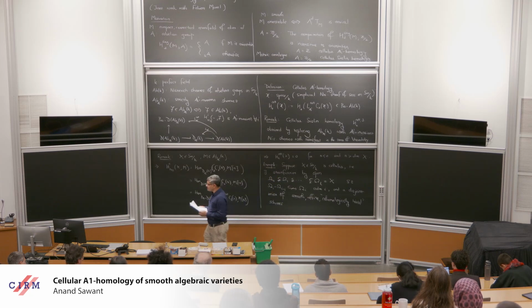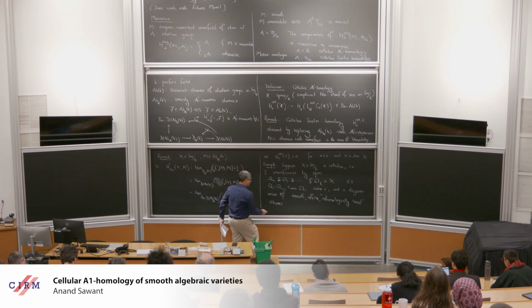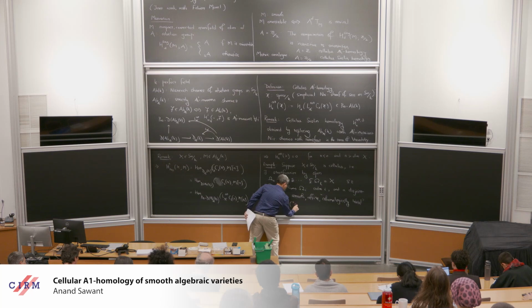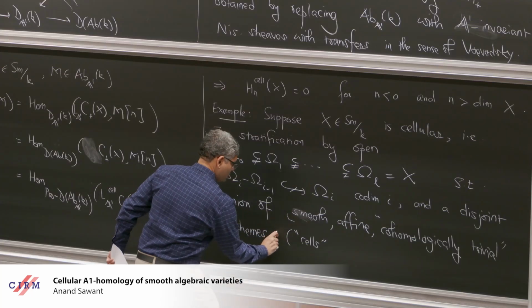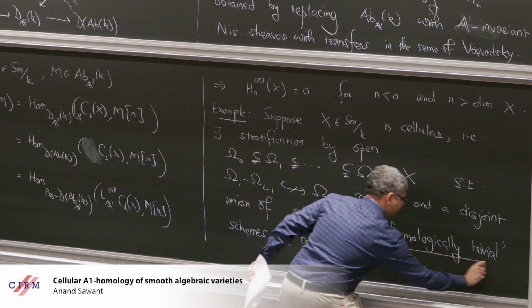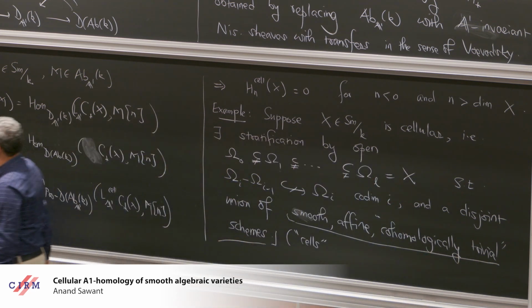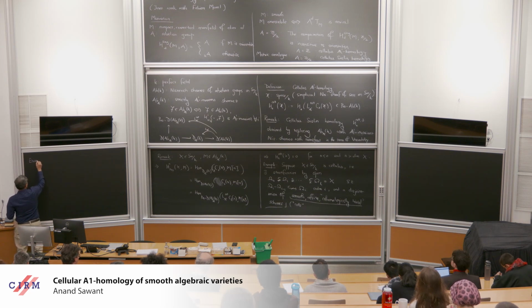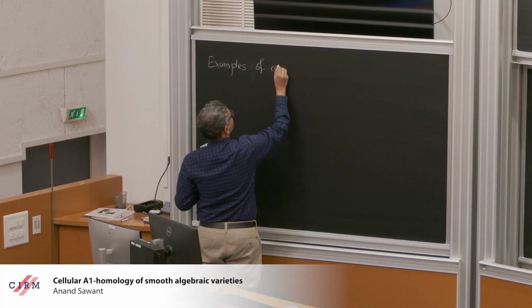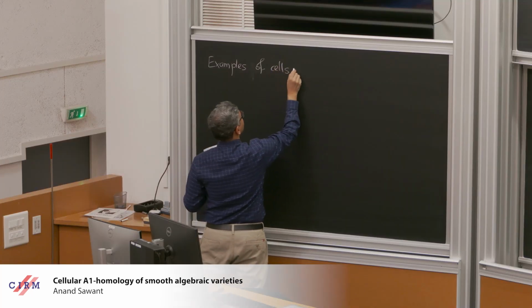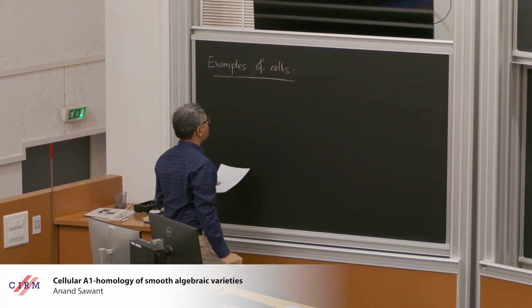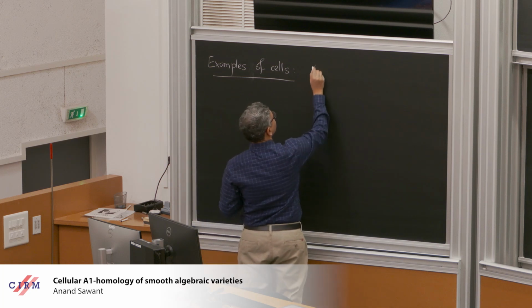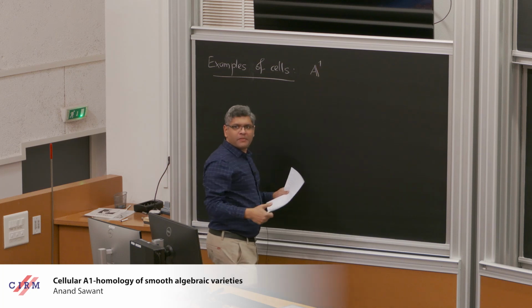So what are key examples of cells? Of course there are exotic smooth affine schemes which are cohomologically trivial, but for us the key examples are going to be A1 and G_m and products of these.